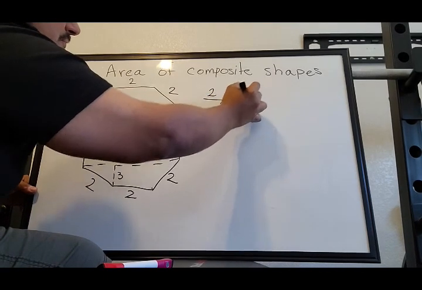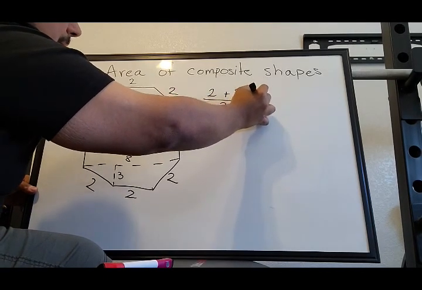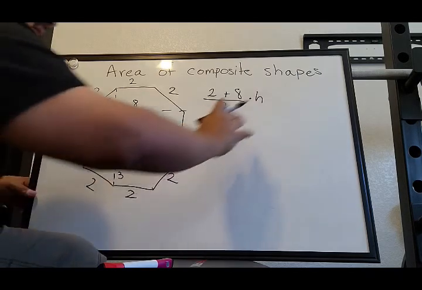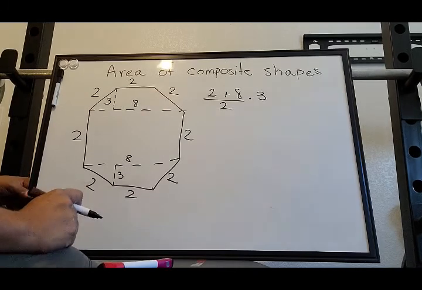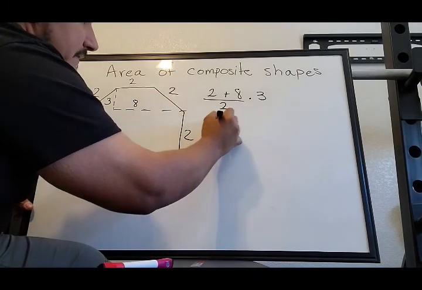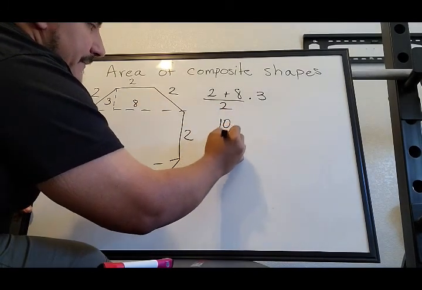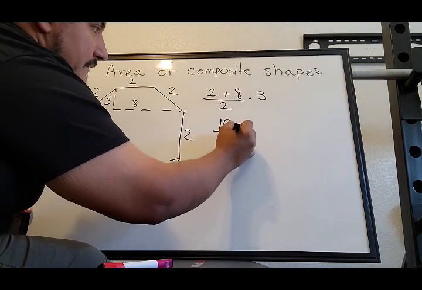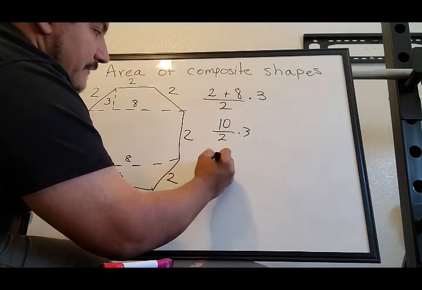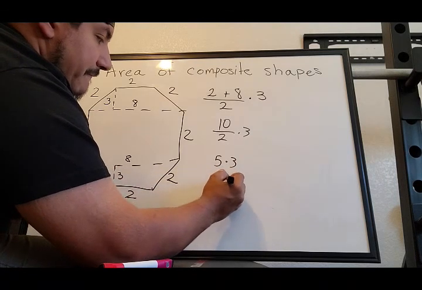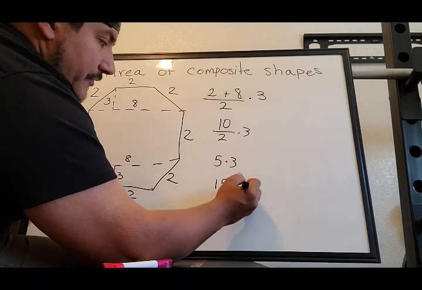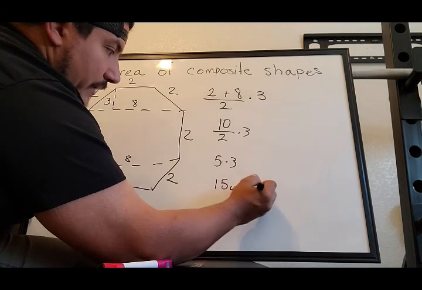We're going to divide by 2 and then multiply by the height, which is 3. 2 plus 8 is 10. Sorry, 10 divided by 2 is 5, times 3 equals 15 units squared.